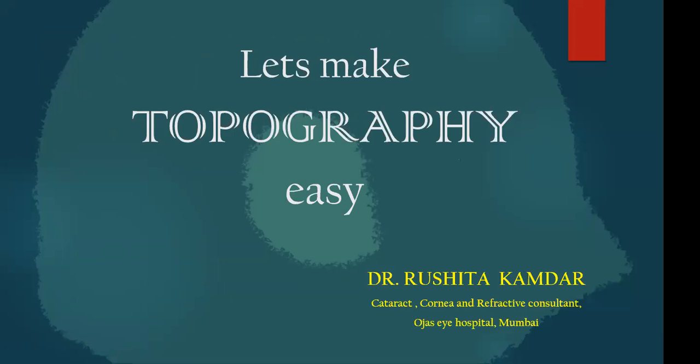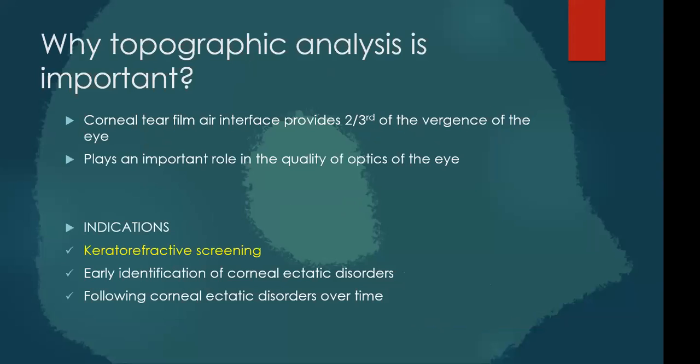So I'm going to talk about corneal topography, start off with the basic topography, and then move on to a few advanced machines, and also tell you how we can read these topographies with greater ease and in much more detail, and understand what the topography tells us and what the cornea is trying to depict. I hope my slides are visible.